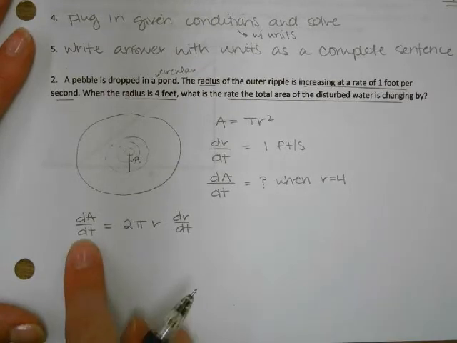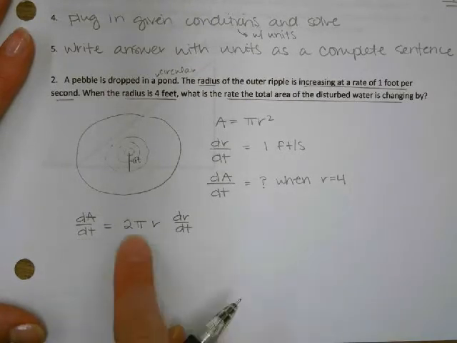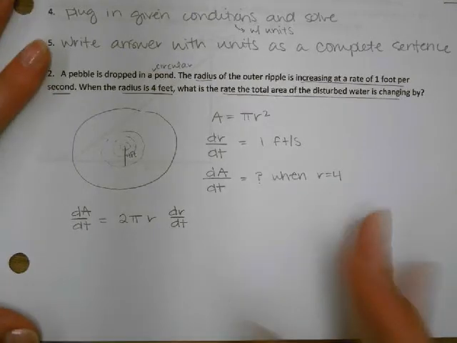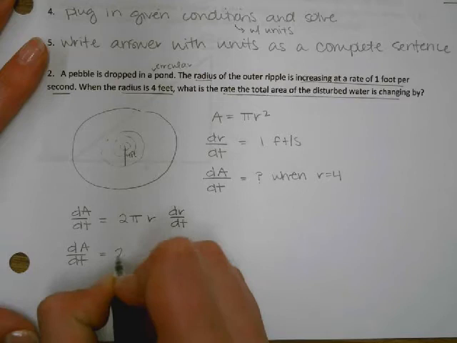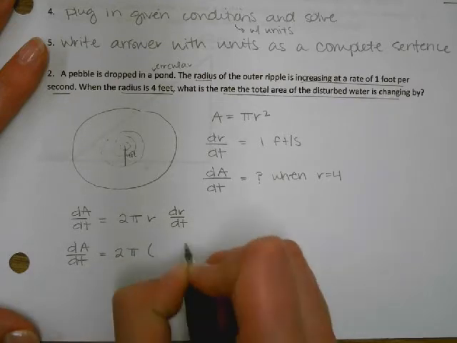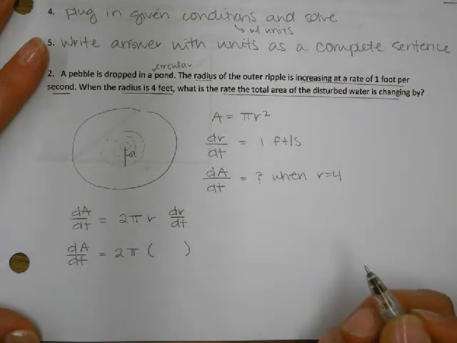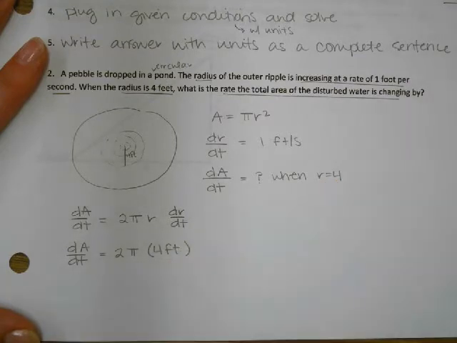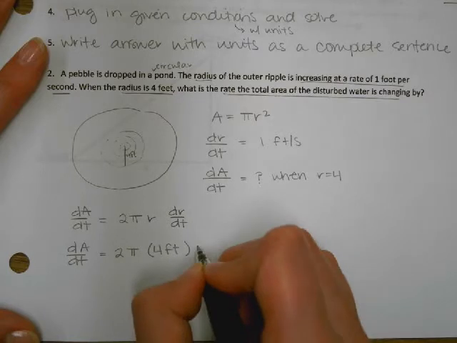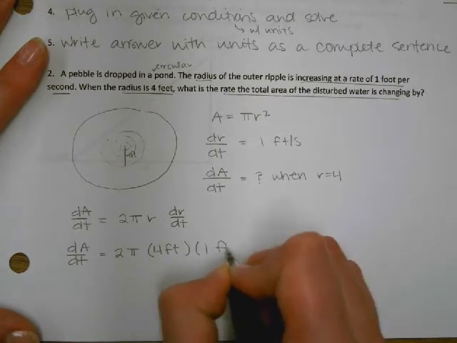And dA/dt is what I'm trying to solve for, and then these are the things that I have numbers I can plug into. So dA/dt is 2 times pi. My r value is 4, and I'm going to go ahead and include my units there, 4 feet. My dr/dt is 1 foot per second.